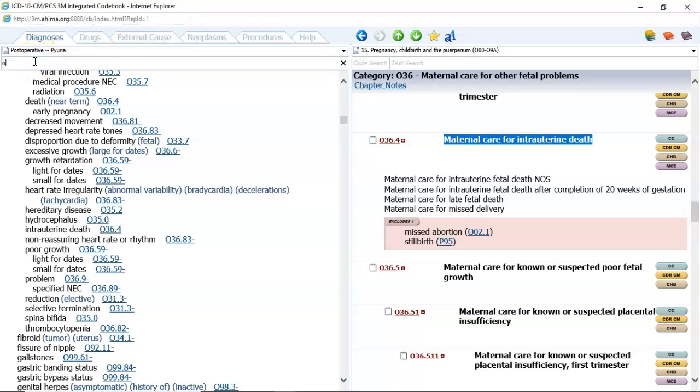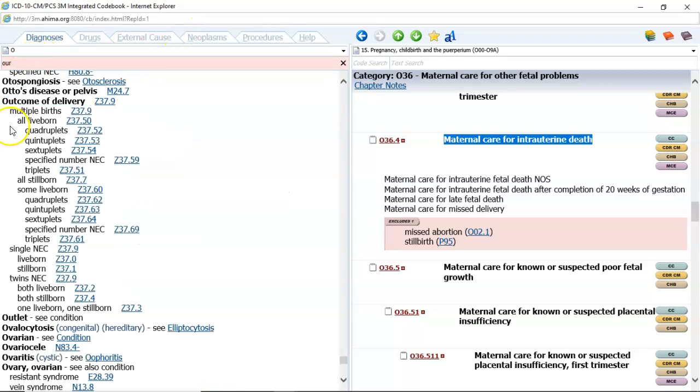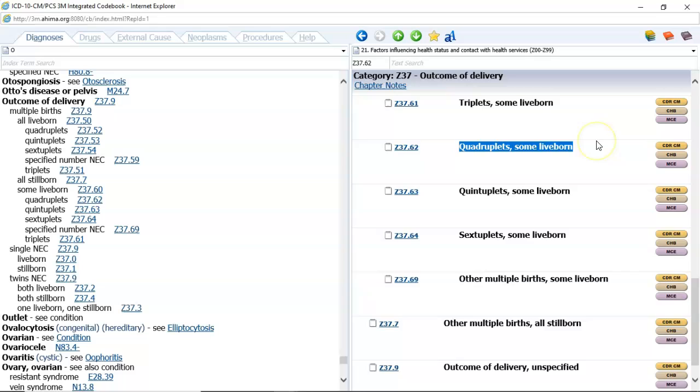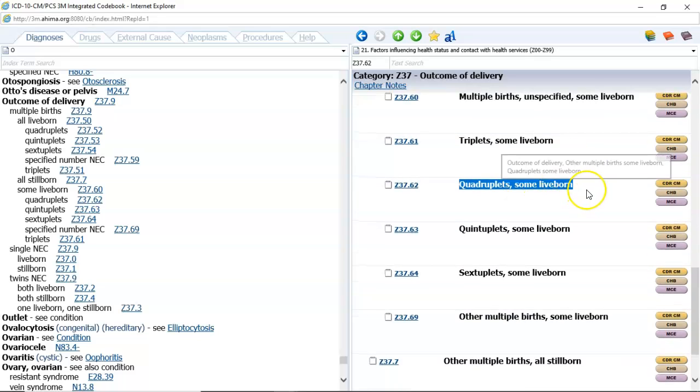And then for our outcome of delivery, we had some live born and we had quadruplets. So quadruplets, some live born, Z37.62.